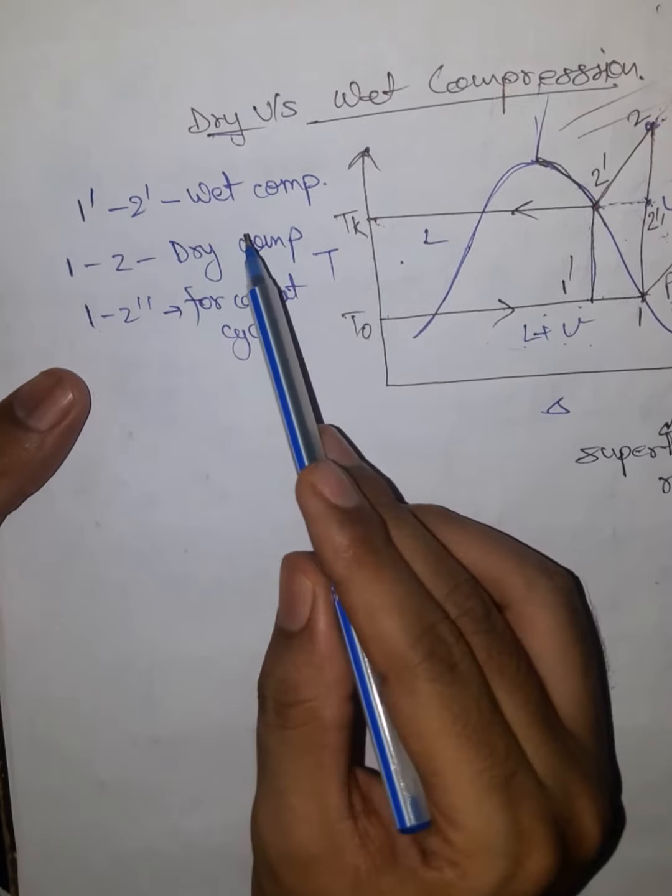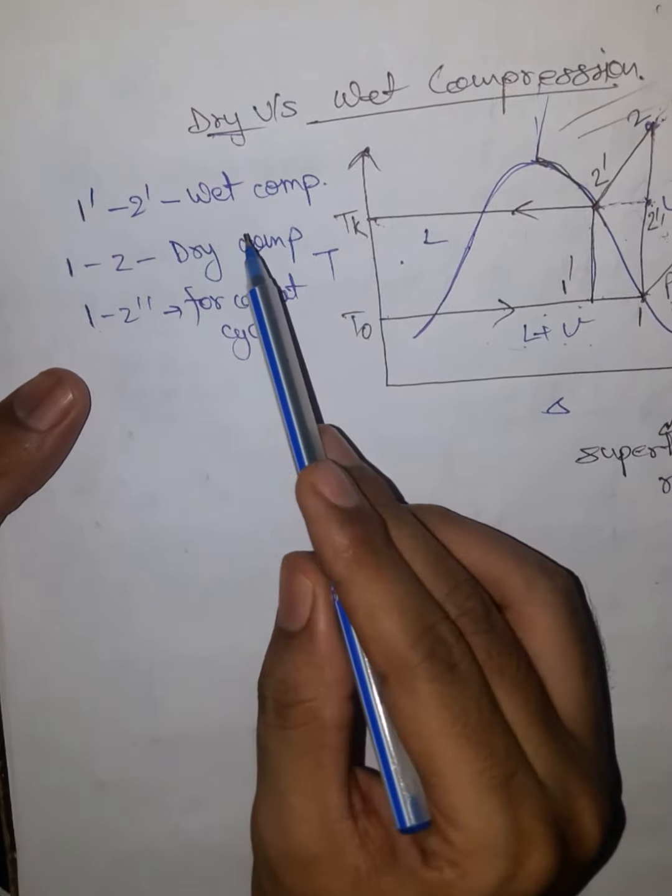Now let us make a comparison. Let us assume that a compressor runs at a speed of 2800 rpm, that means for one revolution it will take 0.021 second.